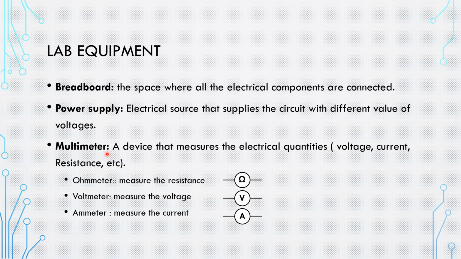The multimeter is the device that measures our electrical quantities like voltage, current, resistance. If I'm measuring the resistor, in this case I'm going to call it an ohmmeter, related to the name of the unit of the resistor. If I'm measuring the voltage, in this case we call it a voltmeter. If I'm measuring the current, in this case we call it an ammeter.